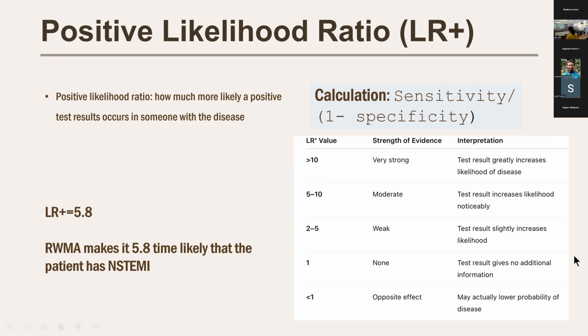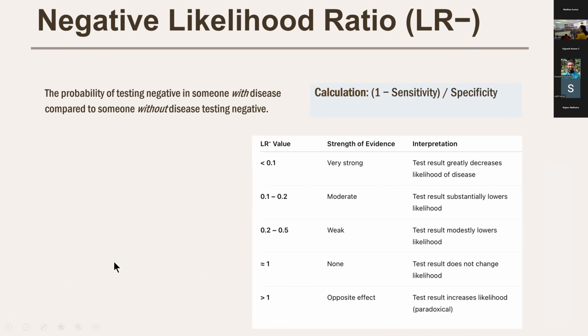Then you have a negative likelihood ratio. It's the probability of testing negative in someone with disease compared to the probability of testing negative in someone without the disease. So the calculation is 1 minus sensitivity divided by specificity. Instead of 1, you should put 100, otherwise you'll have to divide by 9.